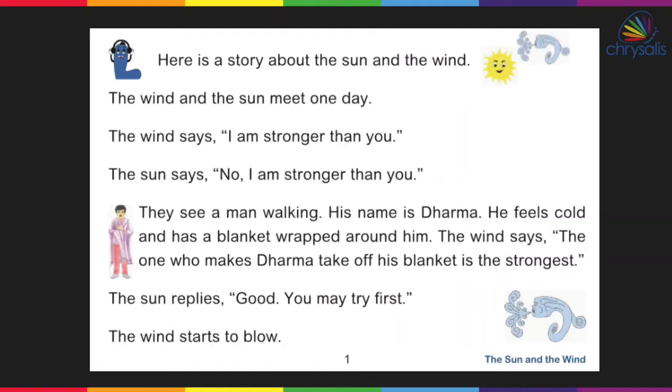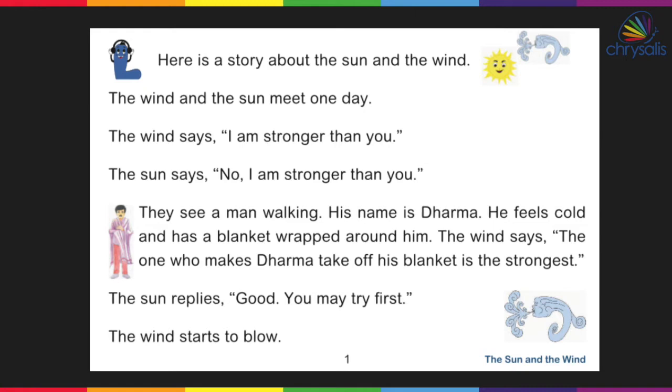The sun and the wind. The wind and the sun meet one day. The wind says, I am stronger than you. The sun says, no, I am stronger than you.